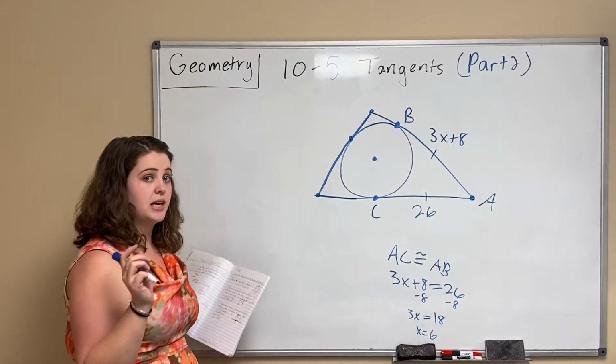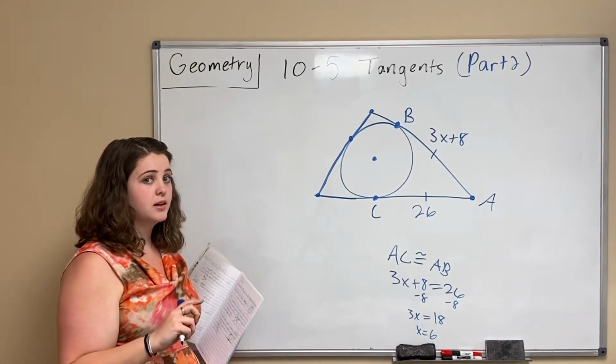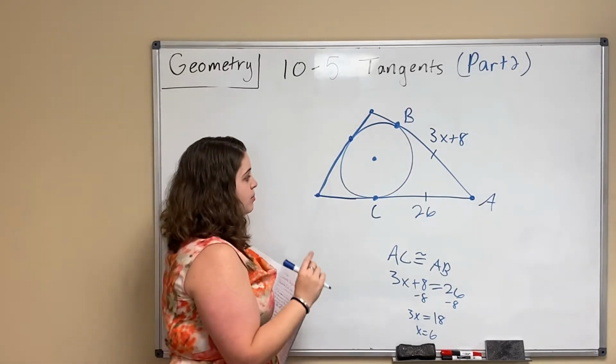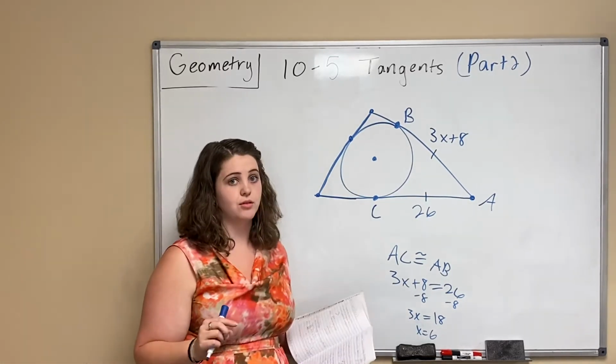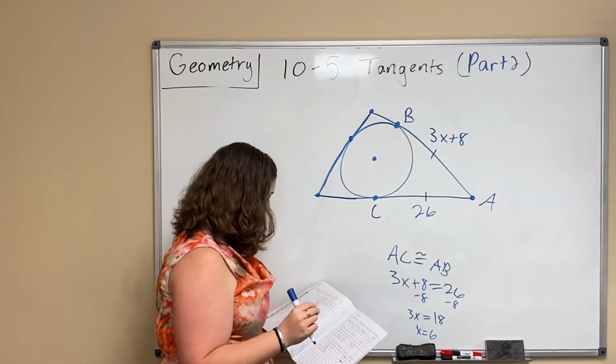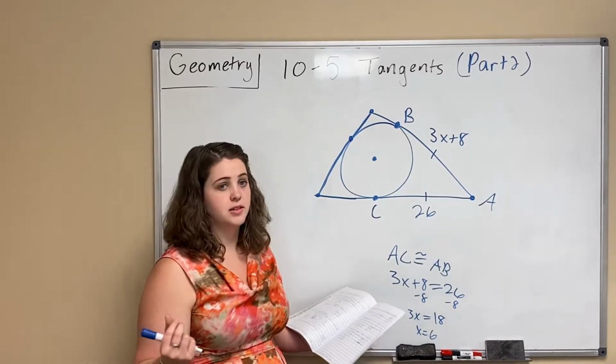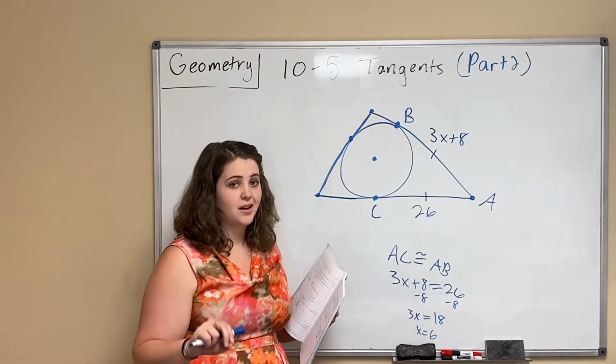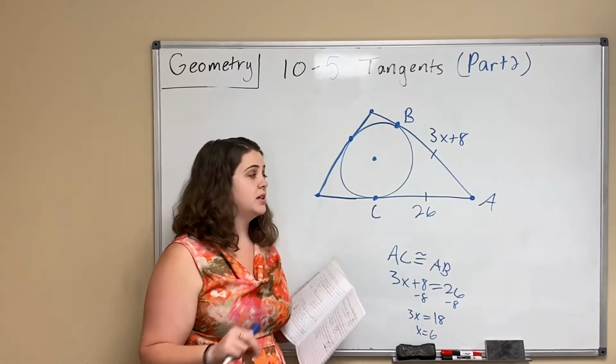A triangle that's on the outside of the circle, and each side of the triangle must be a tangent of the circle. That's critical for circumscribed polygons. It's a shape on the outside of a circle, and every side of that shape must be a tangent of the circle itself.